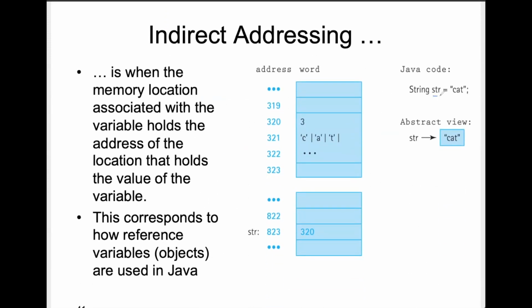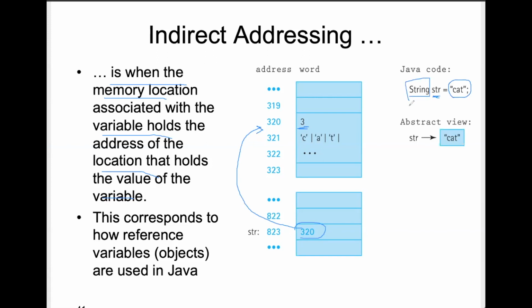Indirect addressing: str_cat. str represents a reference to where this cat is located. Cat is actually a sequence of characters. It is an array, so this buffer is 3 characters, CAT. This is when a memory address associated with a variable holds the address of the location that holds the value of the variable. 320 is where this thing is. str is a class.